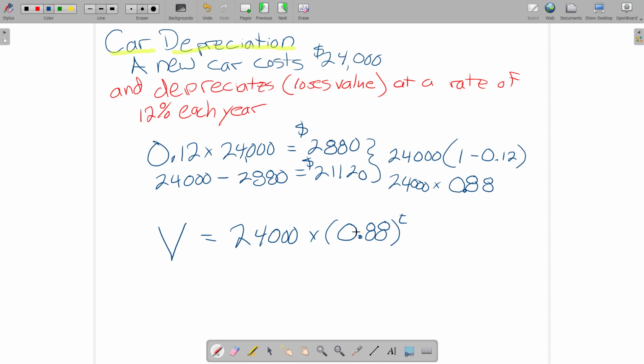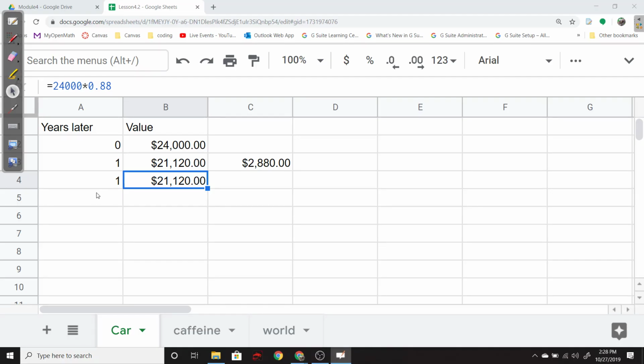So then we could say, what's the value in 10 years? 10 years later, I should have 24,000 times 88% to the power 10, which I bet isn't going to be all that much.